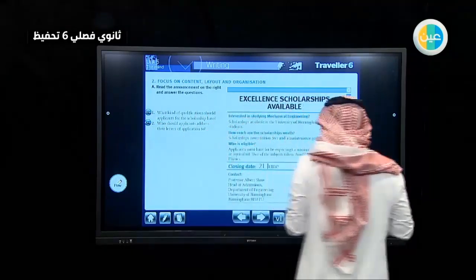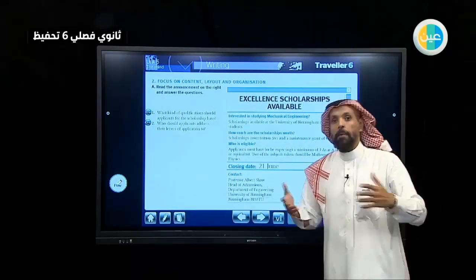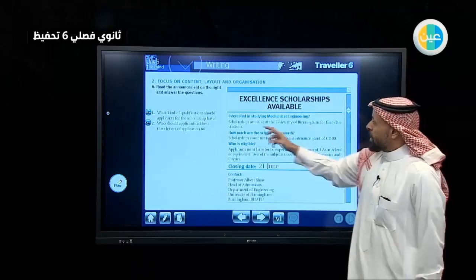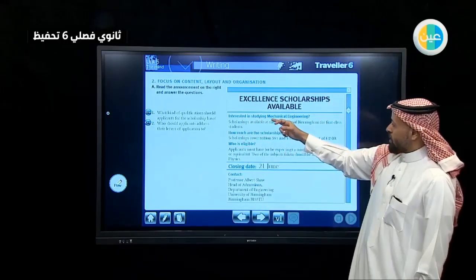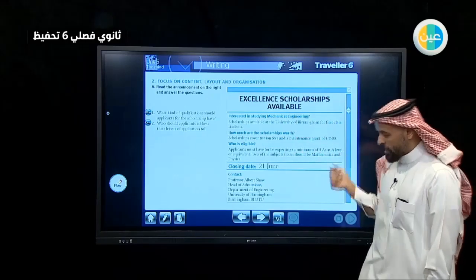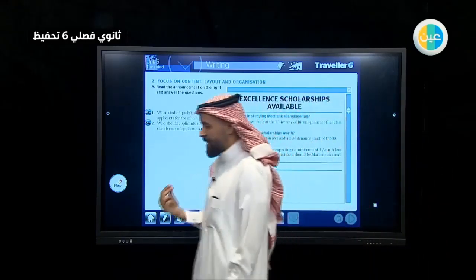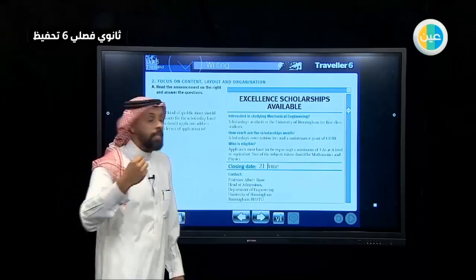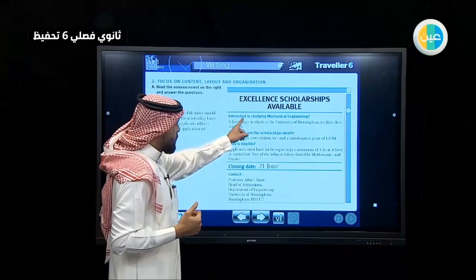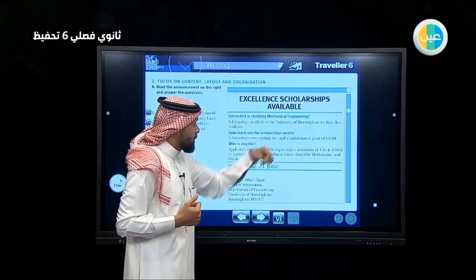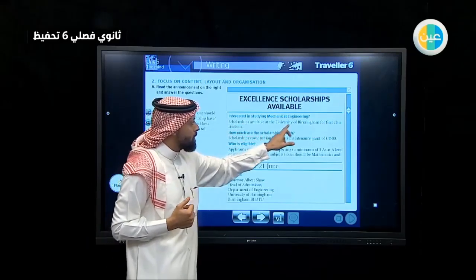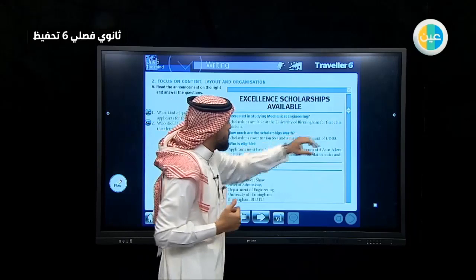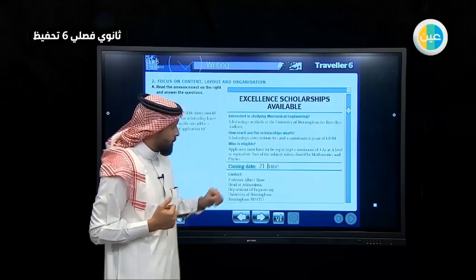If you are interested in studying mechanical engineering, scholarships are available at the University of Birmingham for first class students.